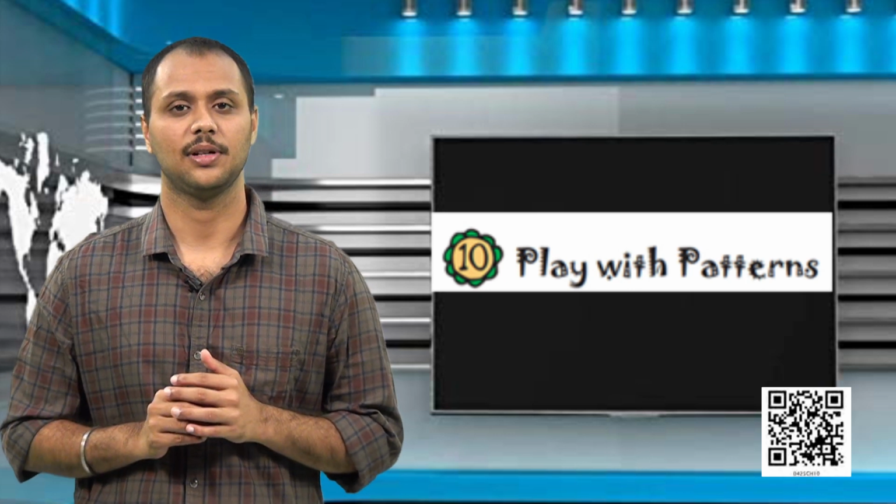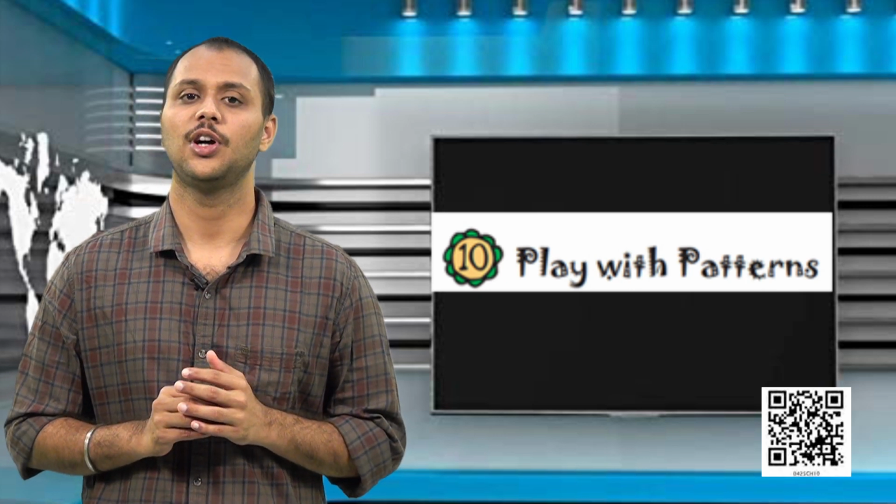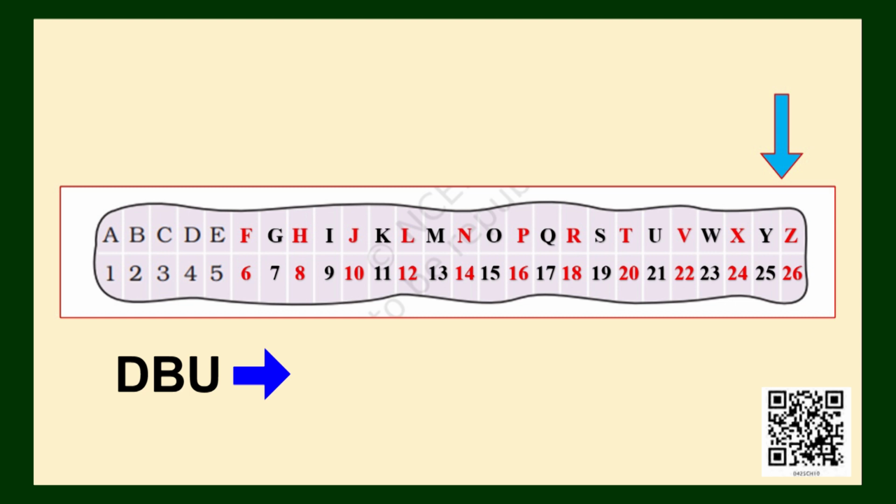Let us see an example. I am giving you a word DBU. You have to decode it. What is the rule? Yes, each letter is replaced by the next letter. So, if you want to find the actual word, you should find the letter just before the one which I have given you.